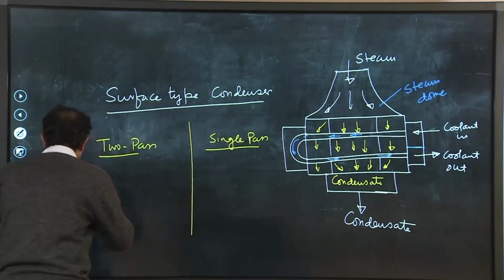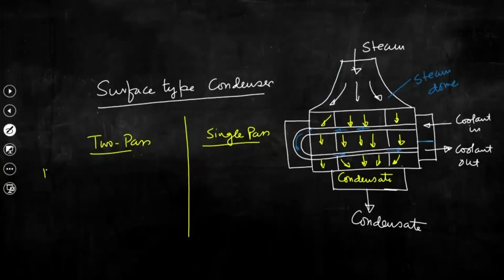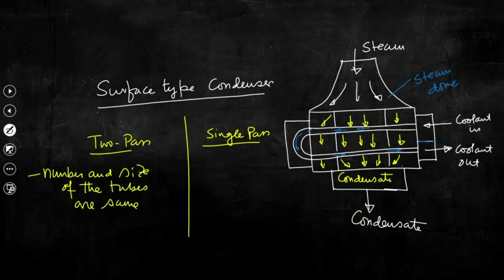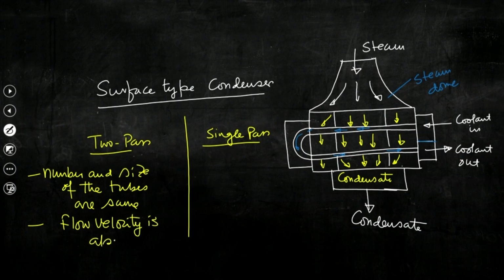So, basically, we fix that the number and size of the tubes are the same. So, this is 1, and the flow velocity is also the same.